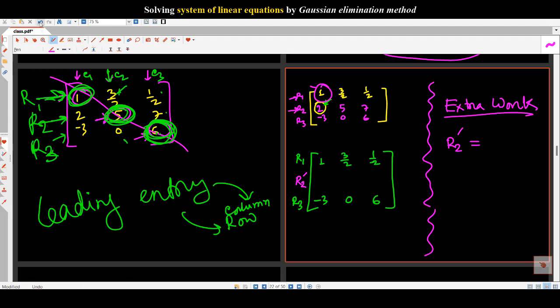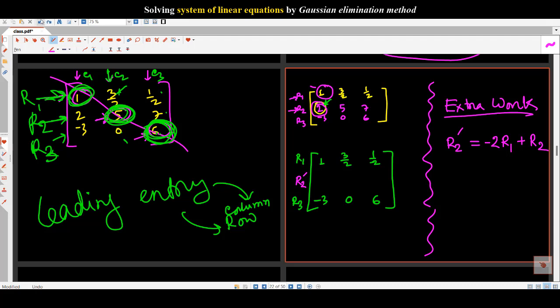So now this 2 can be made 0 if with R1 we multiply -2 R1, and if we now add with R2, then this can be made 0, because here you will get -2 times 1, -2 plus 2, you will get 0.